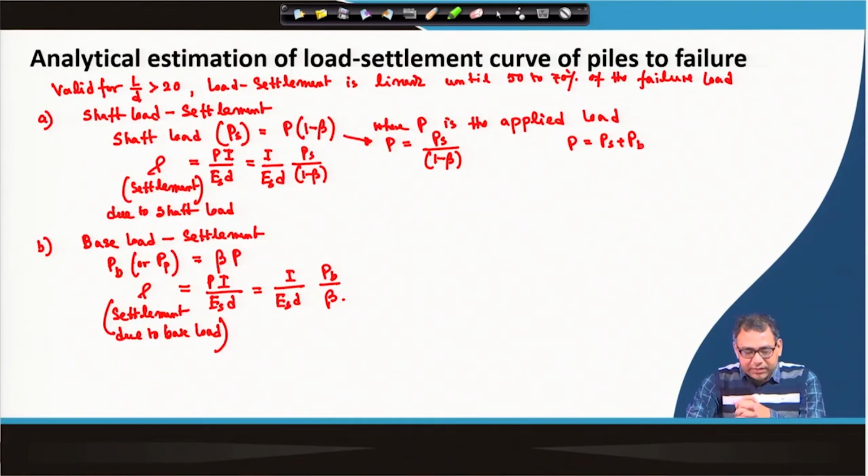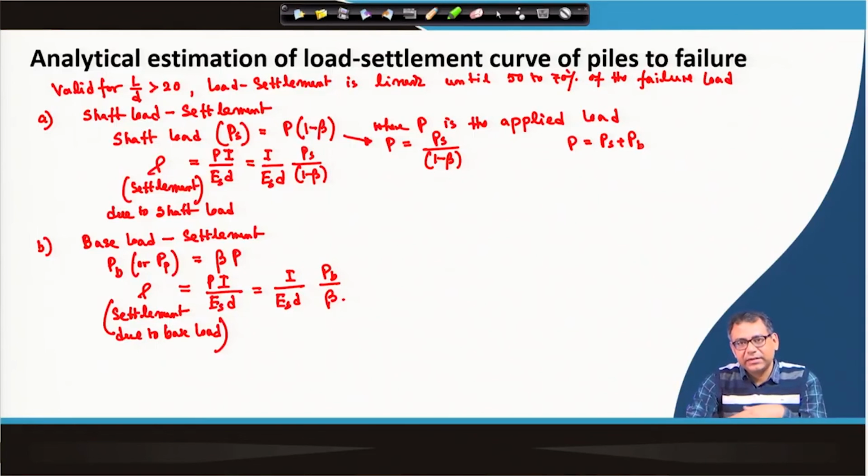So, now this P is replaced in terms of Ps in case of the shaft, and in case of the base the P is replaced in terms of Pb. So, P is replaced by Ps divided by 1 minus beta, and here P is replaced by Pb by beta. In this way we can determine the settlement in terms of shaft load, and the settlement in terms of the base load.